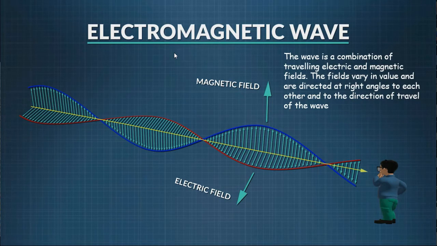Yes, electromagnetic wave. The wave is a combination of traveling electric and magnetic fields. So we have two fields moving in this wave. One of them is the magnetic field and the other the electric field. They are moving perpendicular to each other and also perpendicular to the direction of travel.